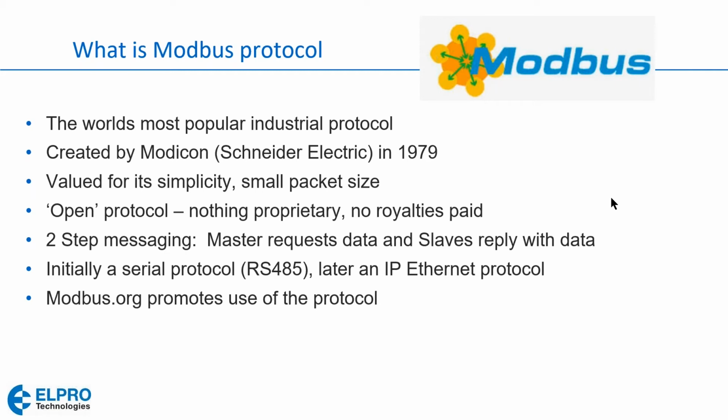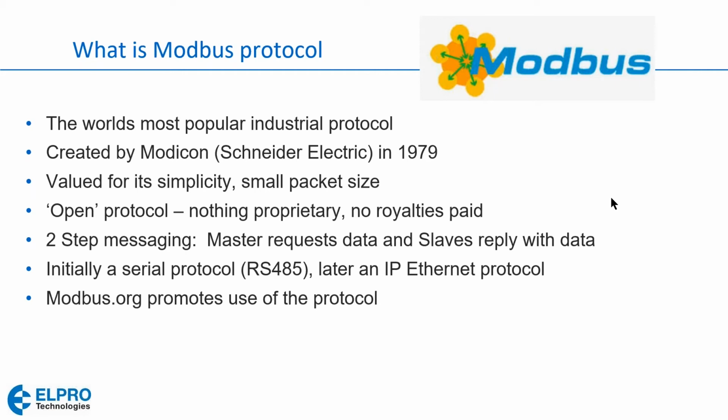And there's an organization, modbus.org, which promotes the use of the protocol and the modernization of the protocol as time goes on. Modbus is really simple. It just uses two-step messaging. So the master device requests the data, and the slave device replies with the data.